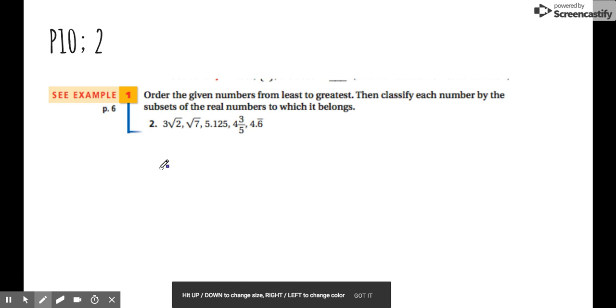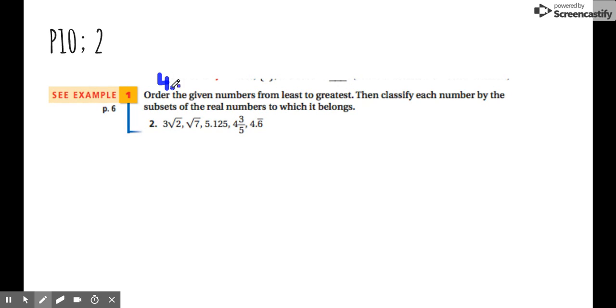So 3 root 2 in decimal form, I'm going to write that up here, be 4.24. Square root of 7 is approximately 2.65. And we have 5.125. I'm just going to write that.